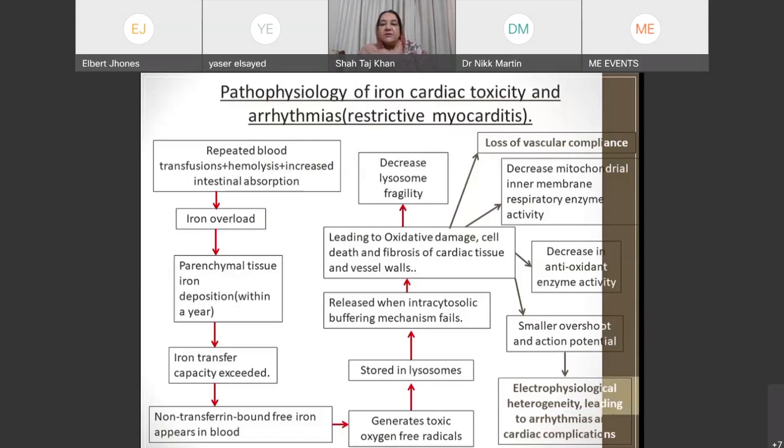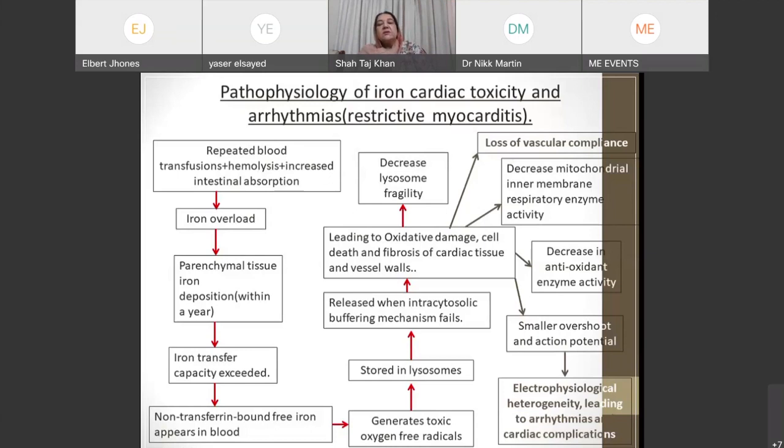The oxidative damage, cell death, and fibrosis of cardiac tissue further lead to loss of ventricular compliance, decreased mitochondrial inner membrane respiratory enzyme activity, decrease in antioxidant enzyme activity, and a smaller overshoot and action potential, and electrophysiological heterogeneity leading to arrhythmias and cardiac complications. So this is the main pathophysiology of the arrhythmias in restrictive myocarditis secondary to iron overload.